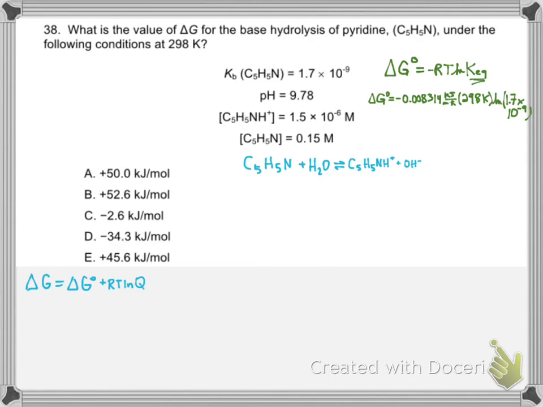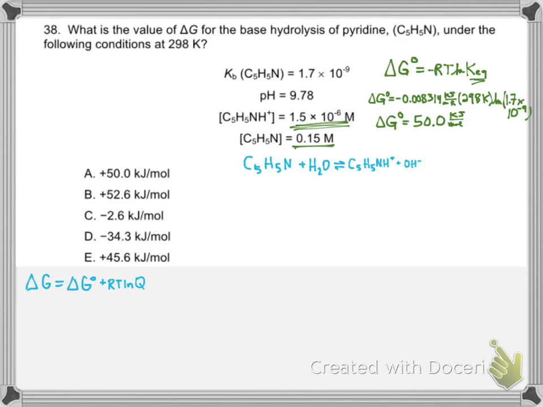We plug in our values and we solve for delta G standard, and let's see what we get. So delta G standard is equal to 50.0 kilojoules per mole. Now, that's delta G standard, which is all well and good, but look at these wacky concentrations. These aren't standard conditions.